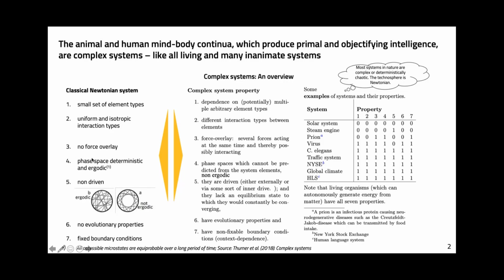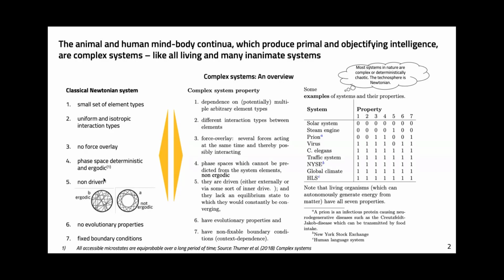Such a phase space is ergodic, whereas there are also non-ergodic spaces, to which we will get back in a minute. Such Newtonian systems are non-driven. Drivenness means that there is a force flowing through the system.